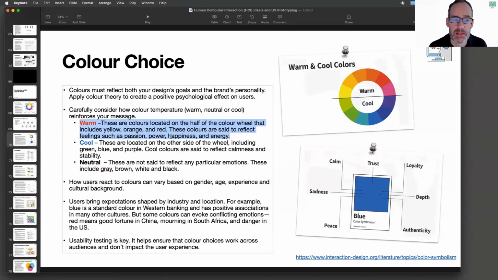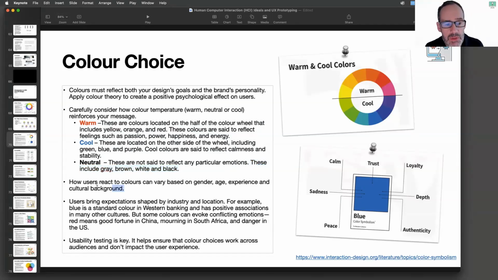They're said to reflect passion, power, happiness, energy. Then you have cool, said to reflect a sense of calmness or stability, which is what a bank would like to try and communicate. And then there are neutral colors that don't really reflect particular emotions: gray, white, black, browns, that sort of color.